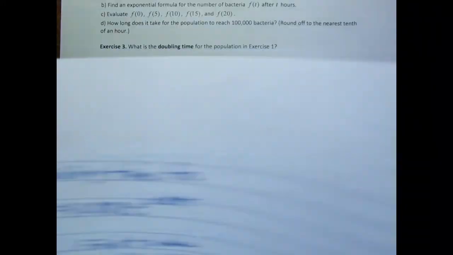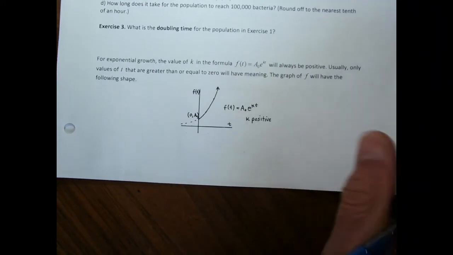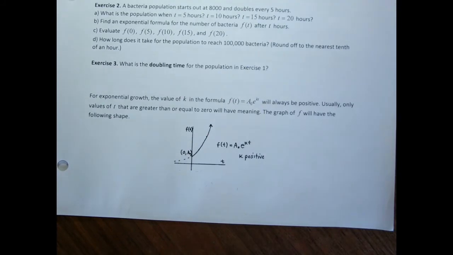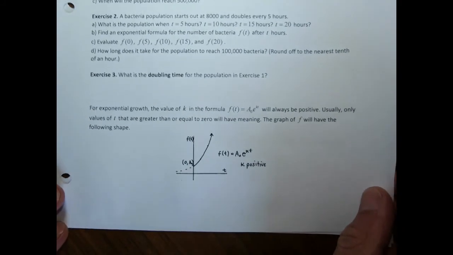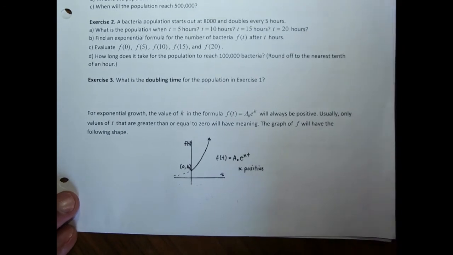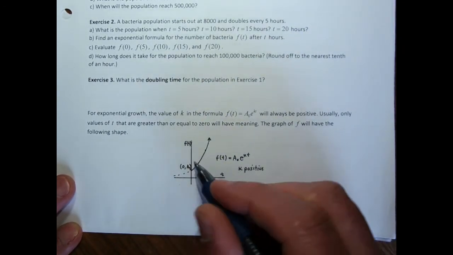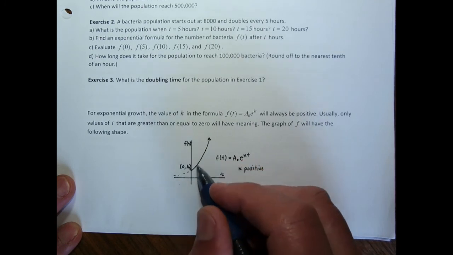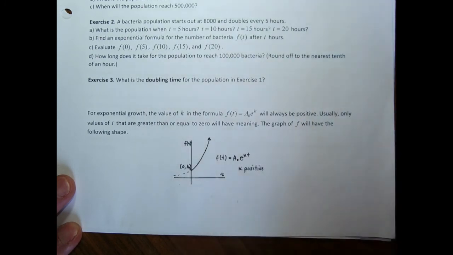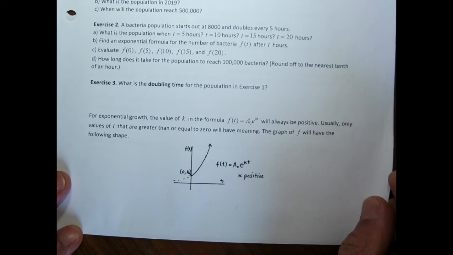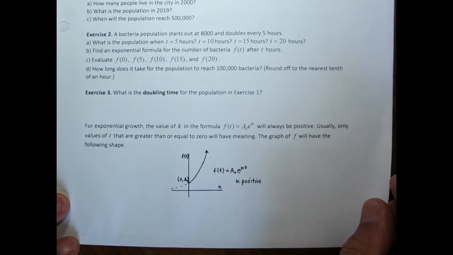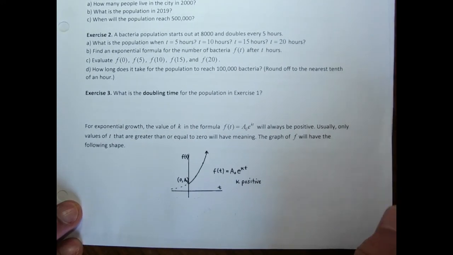And we're going to stop there. This has been a long video. There is a statement about the graph at the end of this handout, and I just want you to see the shape of an exponential growth function graph. I'm going to talk a little bit more about graphs at the very end after we do all the word problems, so I'll have more of an explanation about this shape.